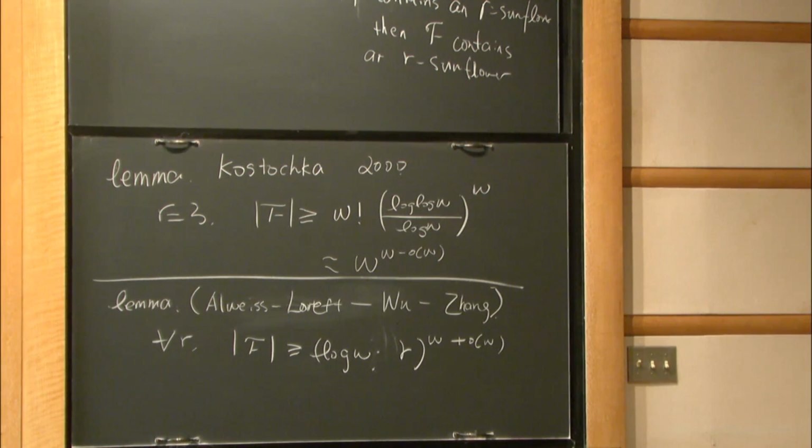Now it's very natural to introduce what we call the pseudo-random property, that there is no such large link. Why? Because if a set system contains a large link, we can apply induction to this large link to find the sunflower. So we introduce the pseudo-random property that says there's no large link.